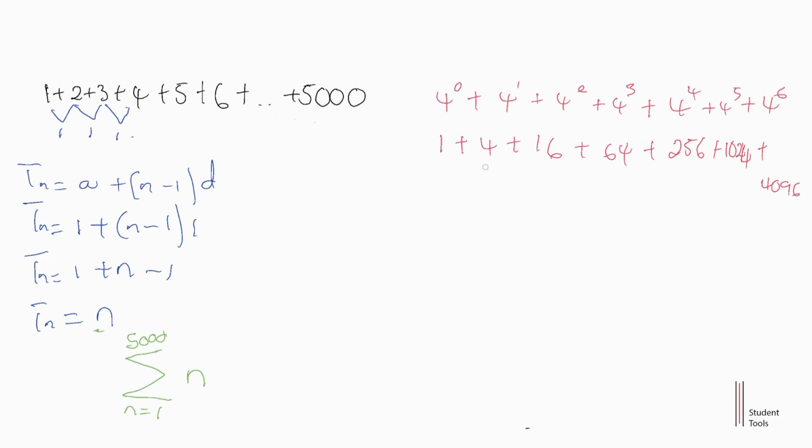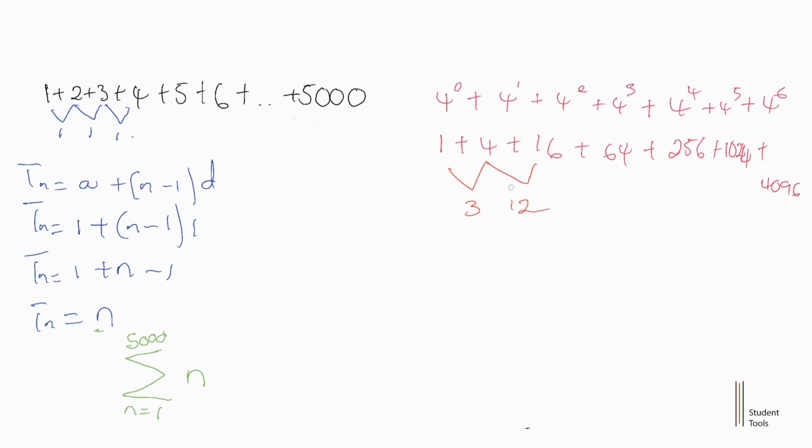And then we come to the powers of 4. With the powers of 4, let us first determine the general term of this series. To determine the general term of this series, we first have to find what kind of a series it is. Is it geometric or is it also arithmetic like this one? So 4 minus 1, that is a 3. 16 minus 4, that is a 12.